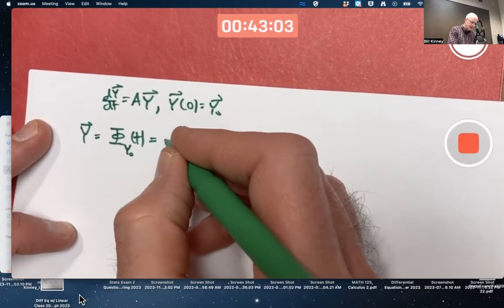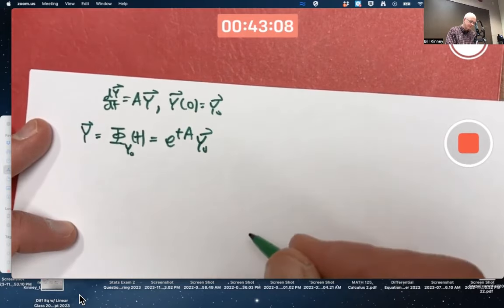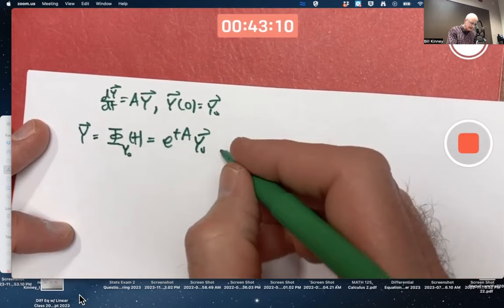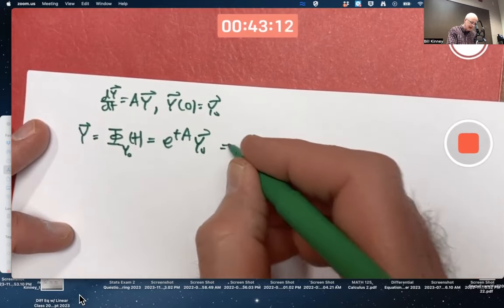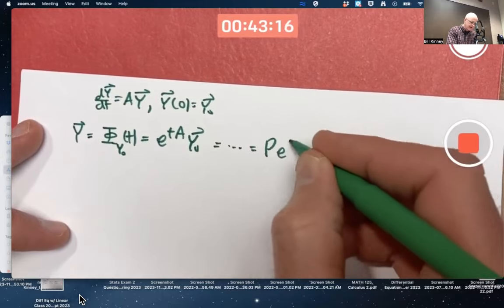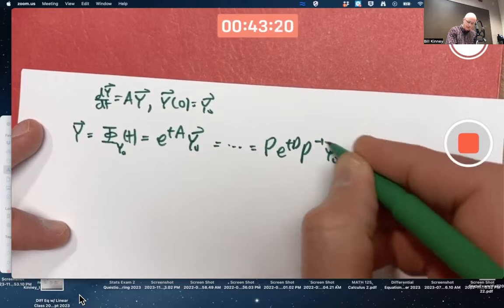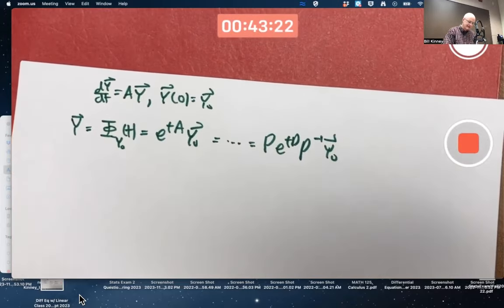The beautiful generalization says this is e to the tA times y naught. But diagonalization says that's the same as, this takes proof, P e to the tD times P inverse times y naught. And the reason that's good is because this is easier to compute.